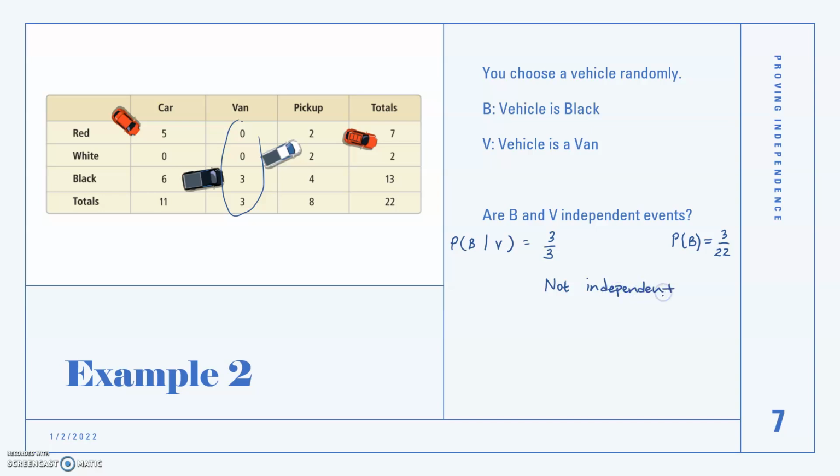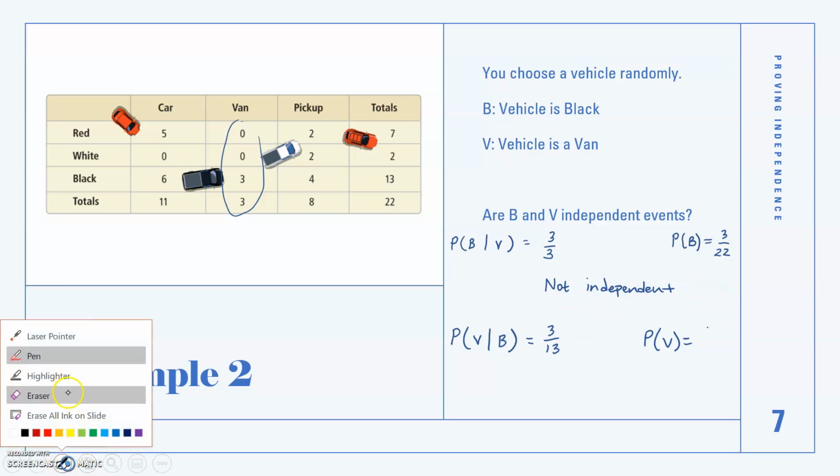I want to note that we could have done this the other way around. We could have checked the probability that it's a van given that it's black, and that probability would be 3 out of 13. Then we could check the probability that it's a van just in general. Oh, I did this one wrong. Sorry.